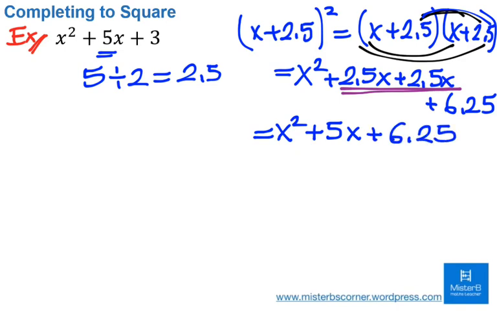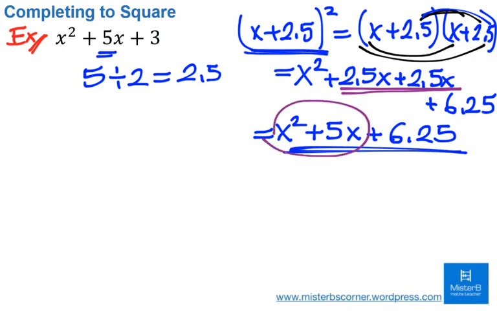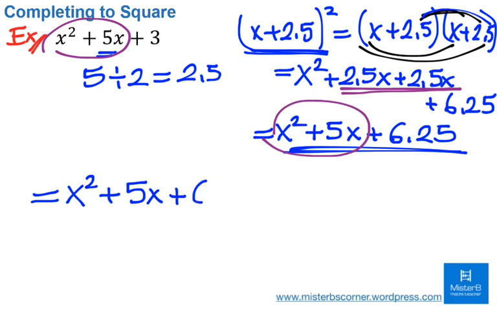So this is my perfect square expansion. And notice that I have the first two terms the same. So what I'm going to do is write down x squared plus 5x plus 6.25. Now the problem is my expression is not that. My expression is x squared plus 5x plus 3.